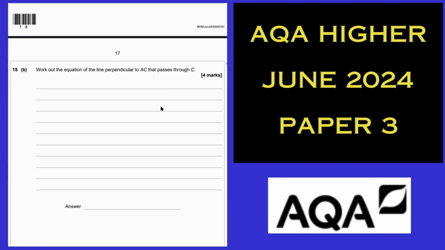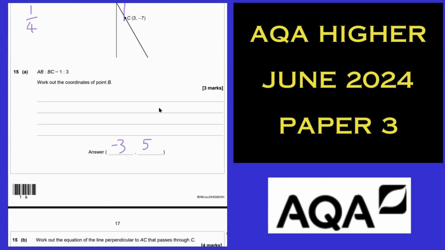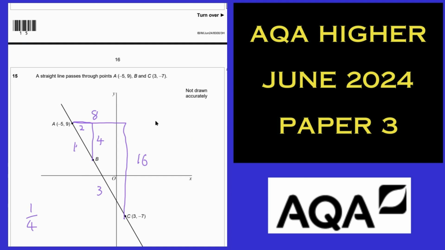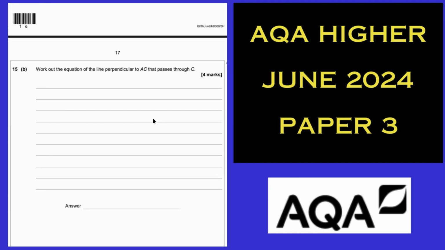Work out the equation of the line which is perpendicular. So again, if you did Pythagoras, you've got to go back and realise it's the 8 and the 16 that will help with this, because the gradient of the line we've got is vertical change divided by horizontal change, -2.